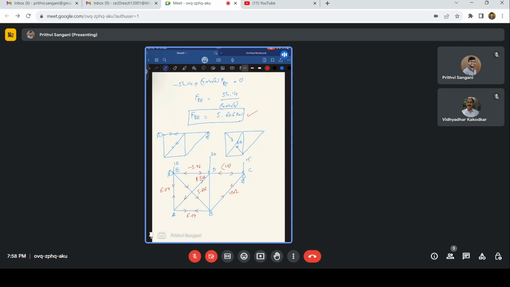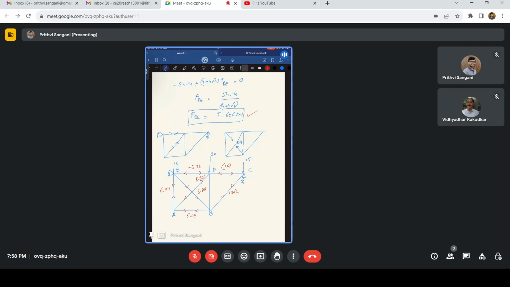So the next question is, let me take one question where we have different types of boundary condition. Let me just give you a hint of how to solve if there are temperature effects or something like that. So what happens in a truss?